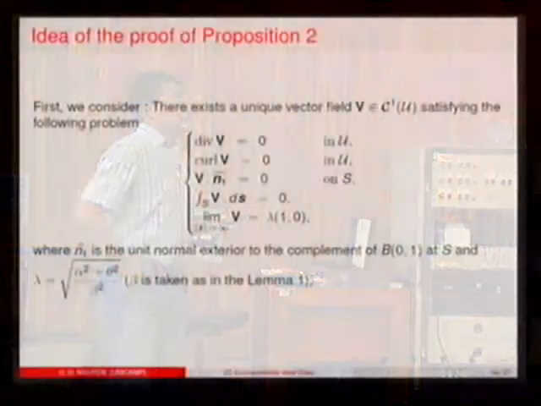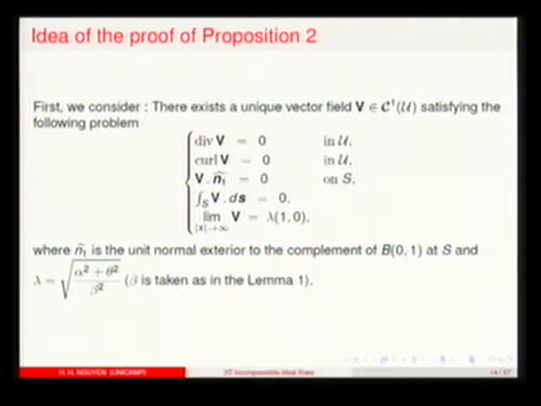Here, we will consider the similar problem, but for the exterior of the disk, with this condition, with gamma. Here, beta is taken as in lemma 1.